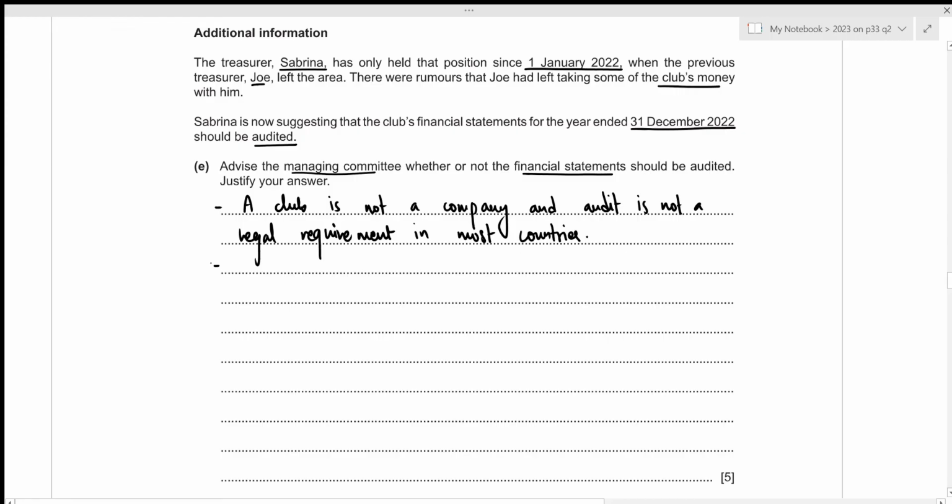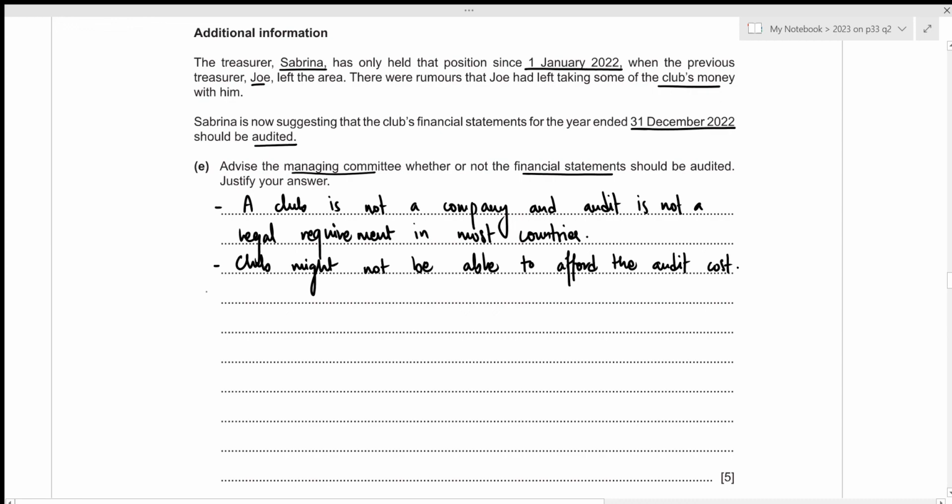Okay, then again, auditing will result in increased cost, and in this case we have a bank overdraft as well as deficits, so the club might not be able to afford it. Club might not be able to afford the audit cost.